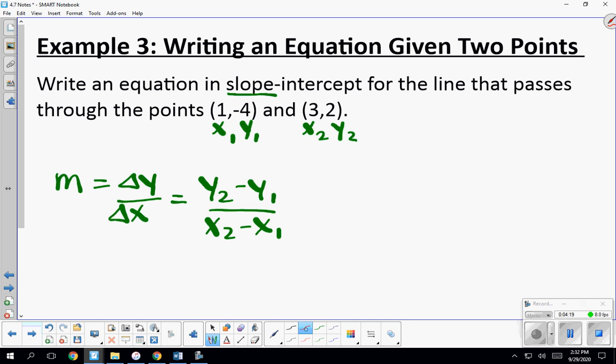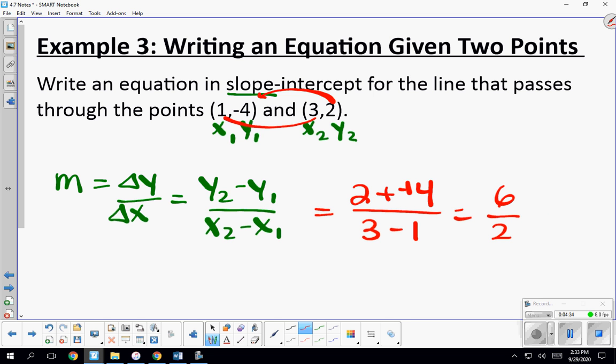So we're just going to subtract our y values. So we're going to have 2 minus -4. And then we're going to have 3 minus 1. And if we simplify, we're really going to get 6 over 2, or a slope of 3.